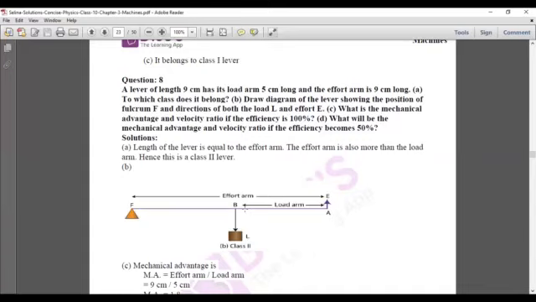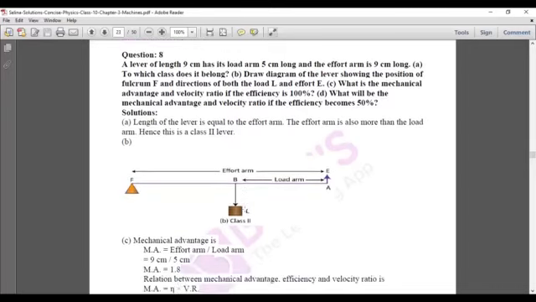Third one, what is the mechanical advantage and velocity ratio if the efficiency is 100%? Fourth one, what will be the mechanical advantage and velocity ratio if the efficiency becomes 50%?